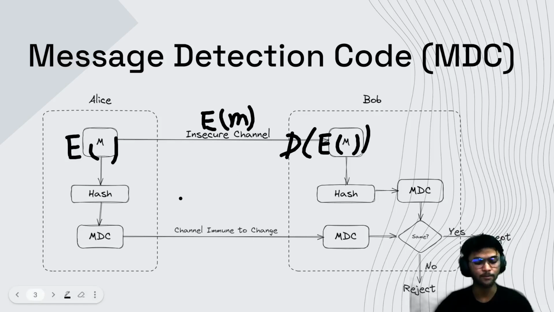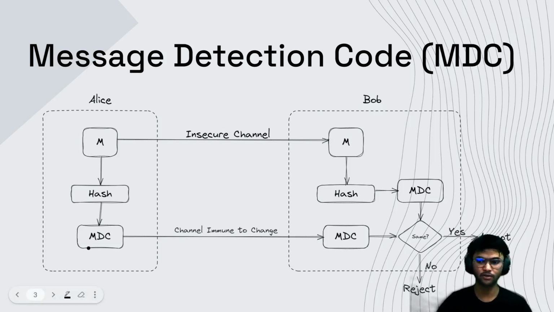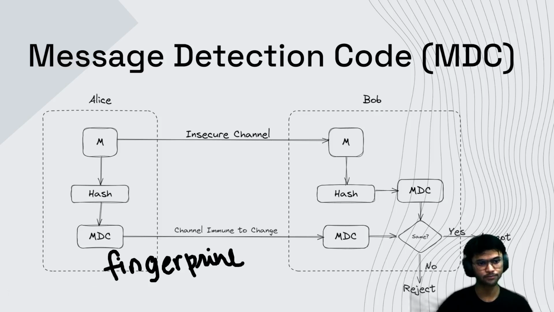This is where an MDC comes in. It goes by many names: a message digest, a checksum, or sometimes referred to as the hash of a message, something that the hash function generates. Note that this hash function could be anything, say SHA-256 or MD5 or CRC. Once the digest is generated, it serves as a unique fingerprint for the original message.